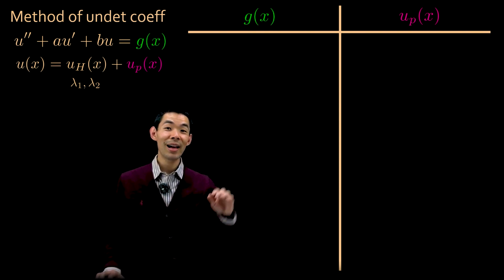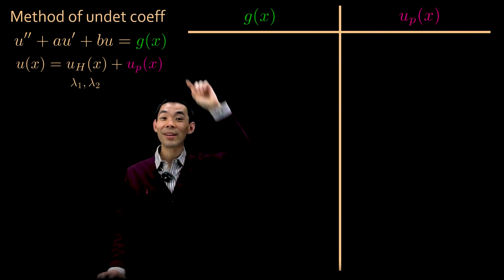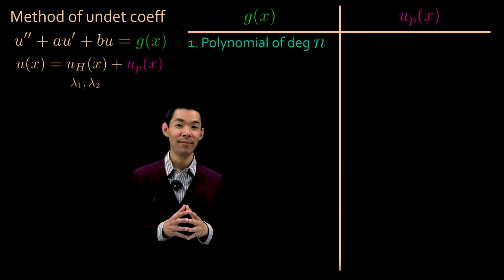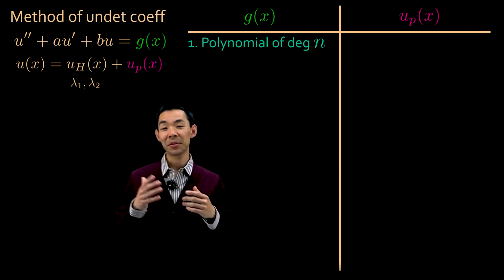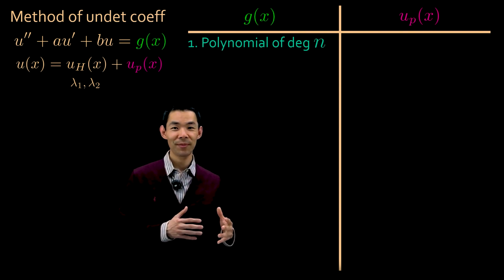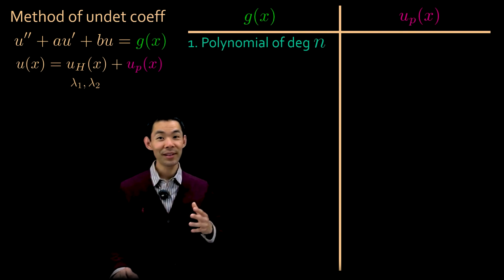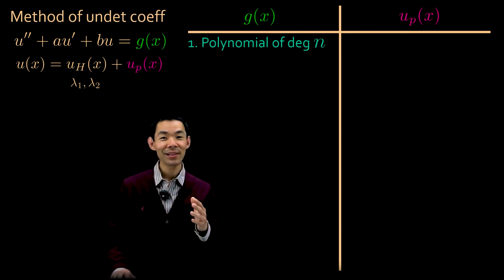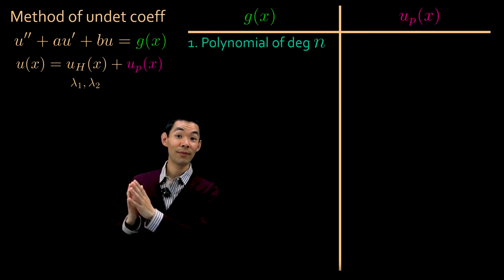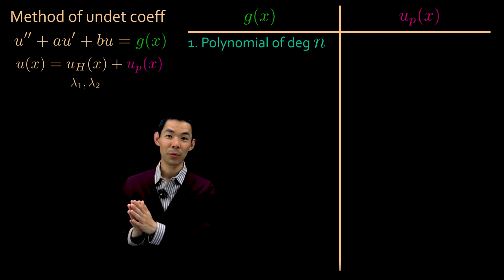So the first class of common functions that you'll find on the right-hand side is a polynomial function of degree n. For example, x to the second power, x to the 10th power, polynomial functions. In that case, what you should guess depends on the particular value of your eigenvalues, lambda 1 and lambda 2.